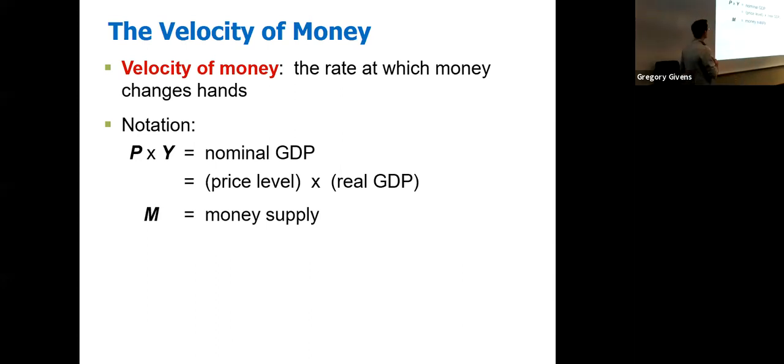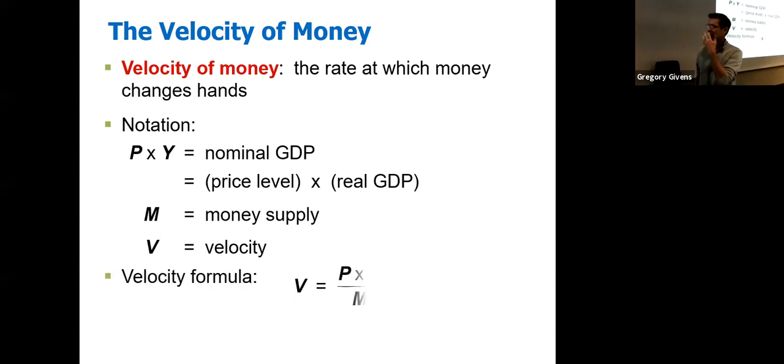The money supply we're going to denote with a variable capital M, and velocity we'll denote with the variable V. The formula for the income velocity of money is given by the following. It's nominal income, or nominal GDP, divided by the money supply: V = (P × Y) / M. All right, make sure you know this formula.